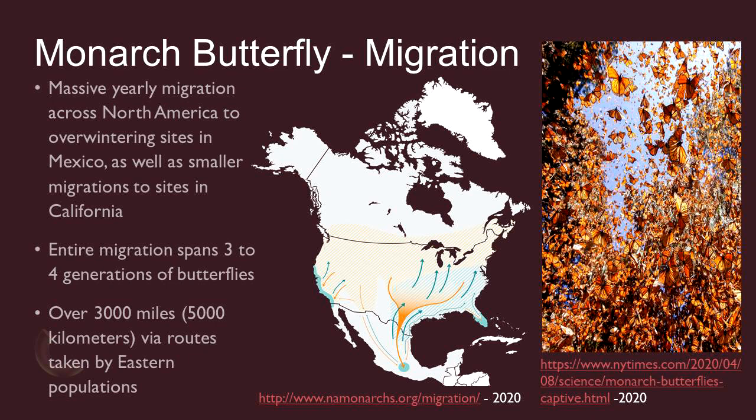The entire migration goes across 3 to 4 generations of butterflies, which all share the 3,000 mile or 5,000 kilometer distance of the route on the eastern population. As you can see, there are western populations, like the ones that overwinter in California, that don't have as much distance to go around.